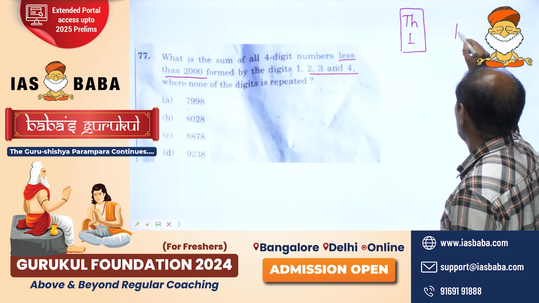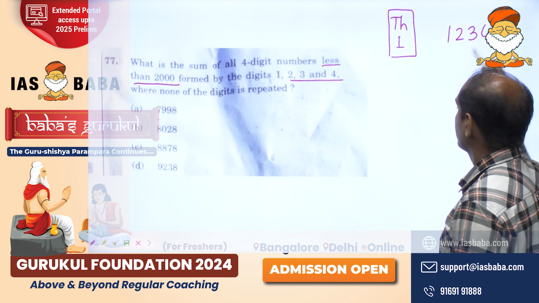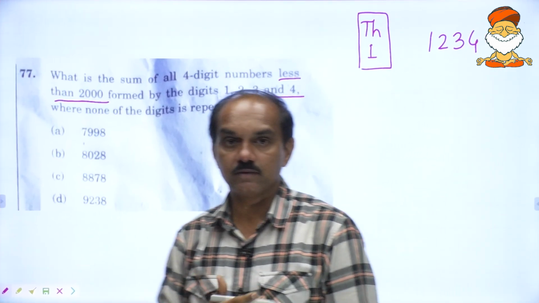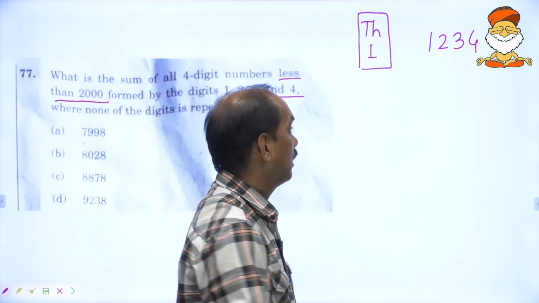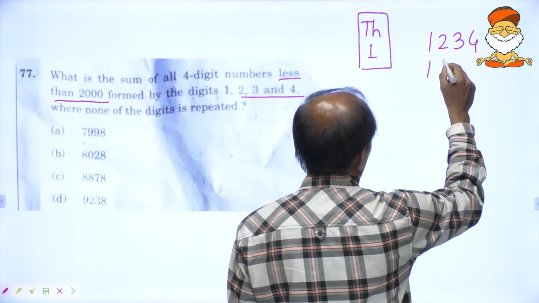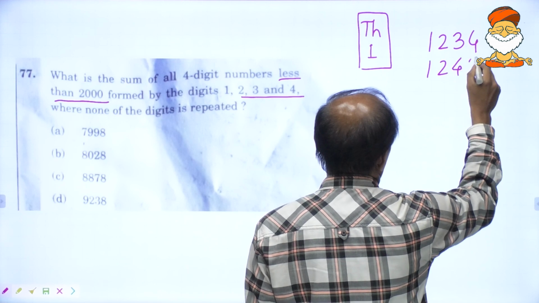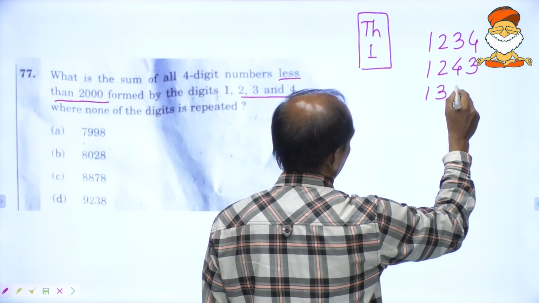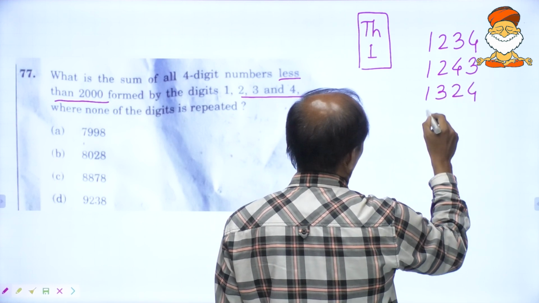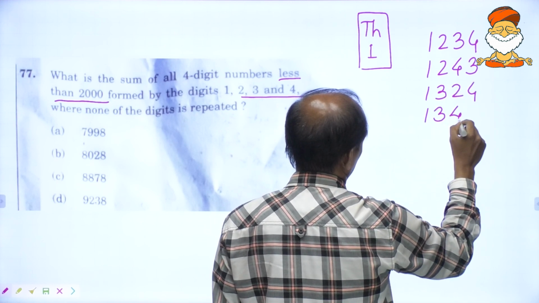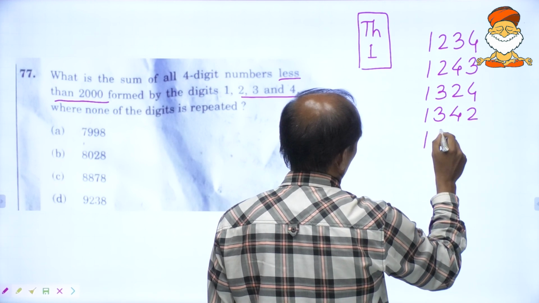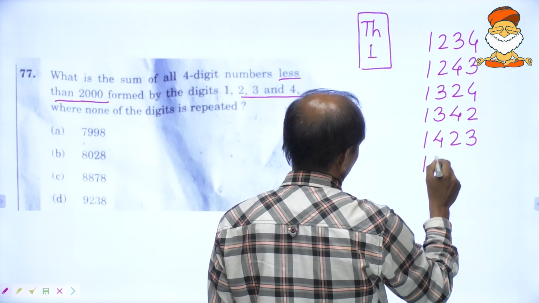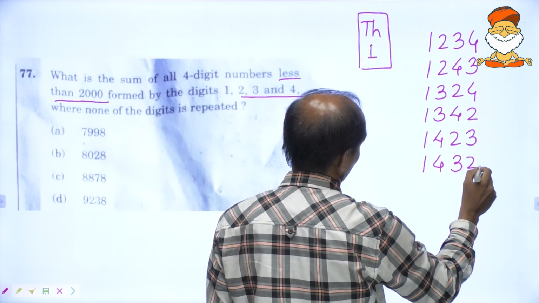I can write like this: 1, 2, 3, 4. I've used all the digits, and the number is of course less than 2000. I can write 1, 2, 4, 3. 1, 3, 2, 4. 1, 3, 4, 2. 1, 4, 2, 3. I can write this as well: 1, 4, 3, 2.